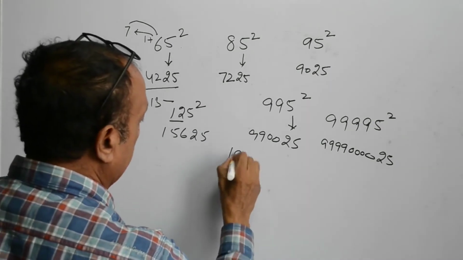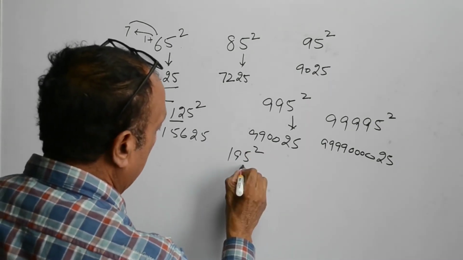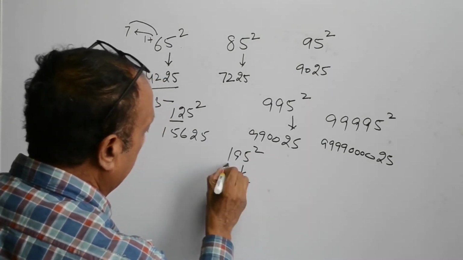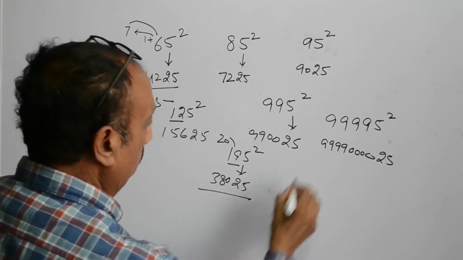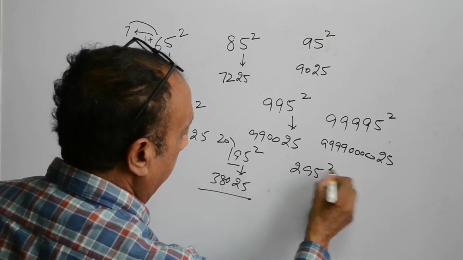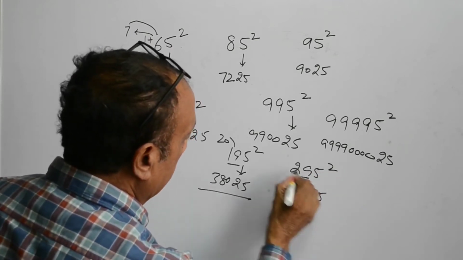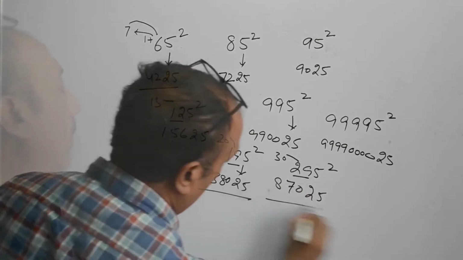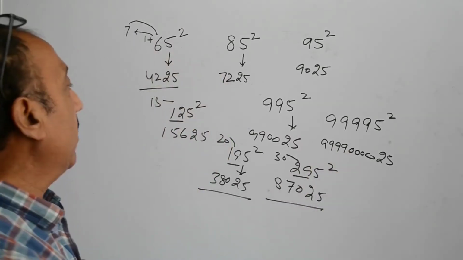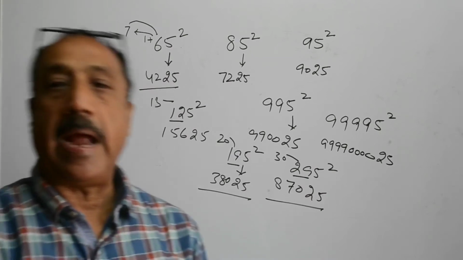The square of 195 will be 25, 19 multiplied by 20, 380. The square of 295 will be 25, 29 multiplied by 30, so 870. So it is very easy to find out the square of any number ending with 5.